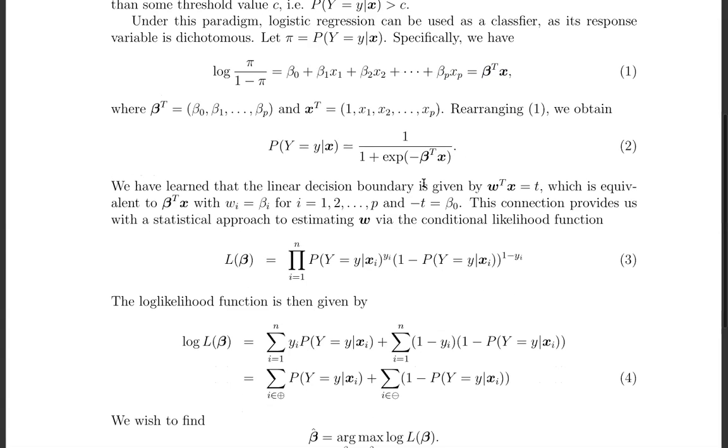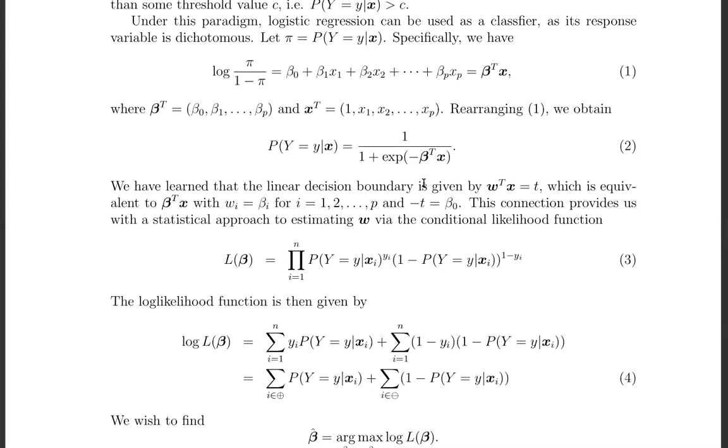So the linear decision boundary is given by the following result. This is a general result that if you check the previous notes, towards the end there, there's a statement that in general, for any data matrix, you can construct a linear classifier with the decision boundary.